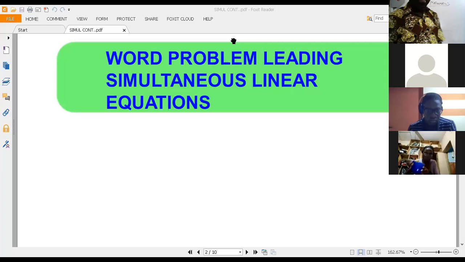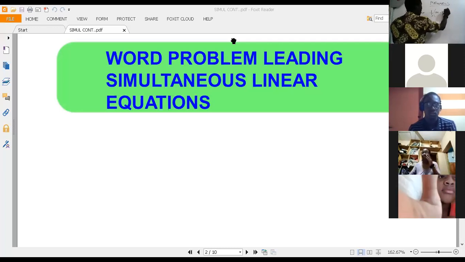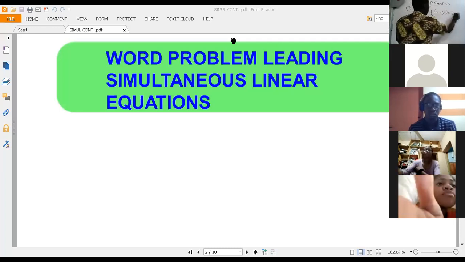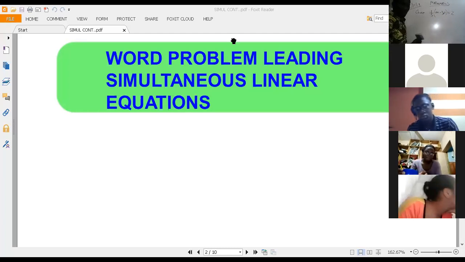The first question on the last lesson's classwork says you should solve for m and n, given that 1/3 m minus 3n equals 2. When you look at this first equation, you find a way to linearize it.